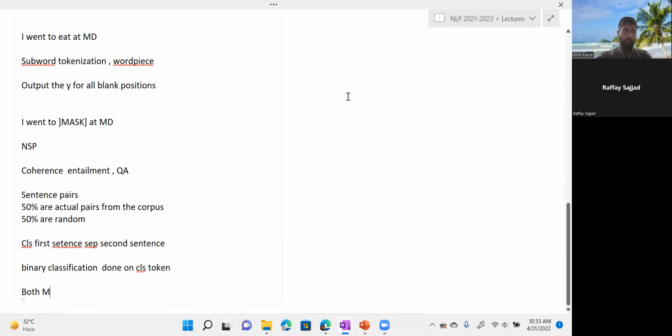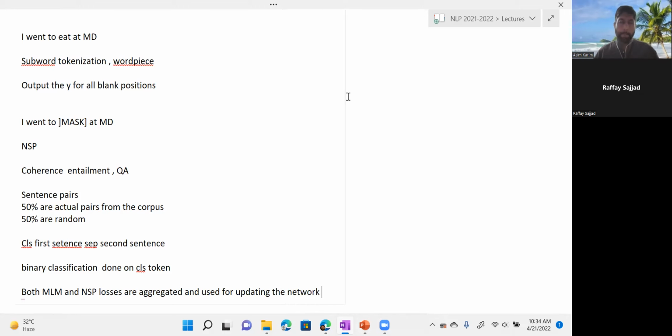So both MLM and NSP losses are aggregated and then used for updating the network. Okay. So this essentially is BERT, the bidirectional representation with transformers, which was proposed in 2019.